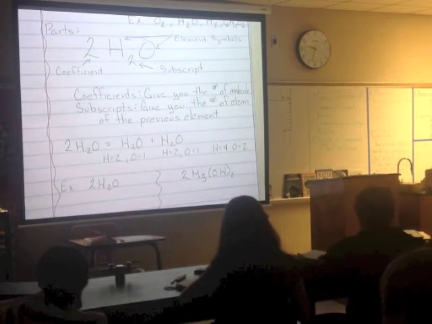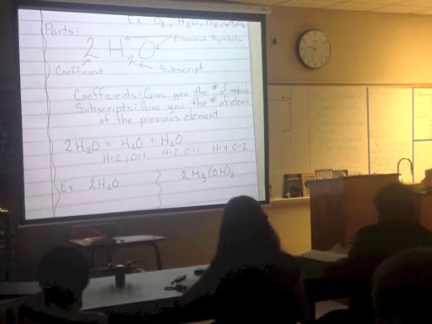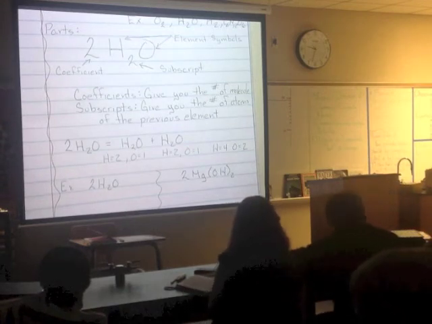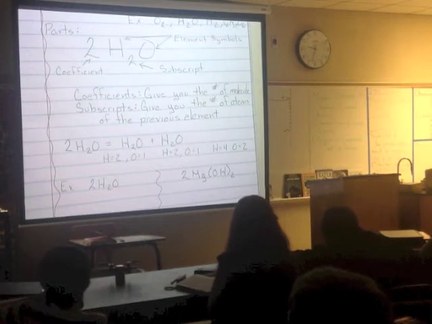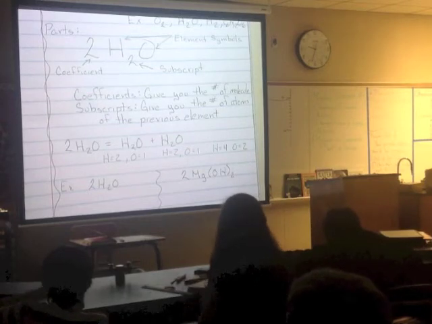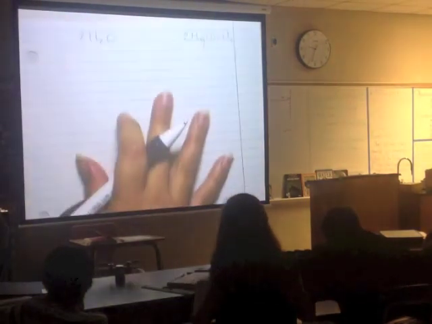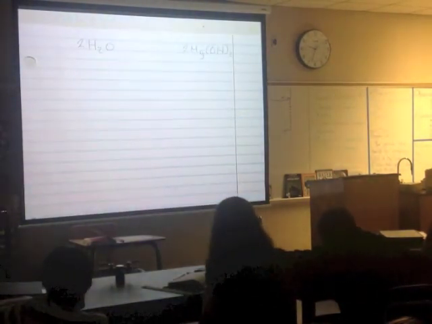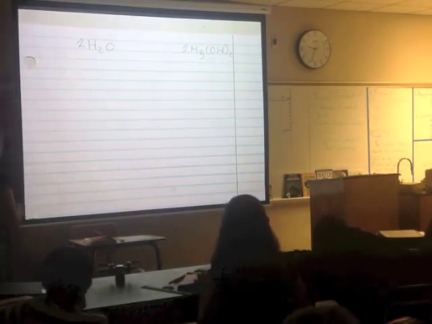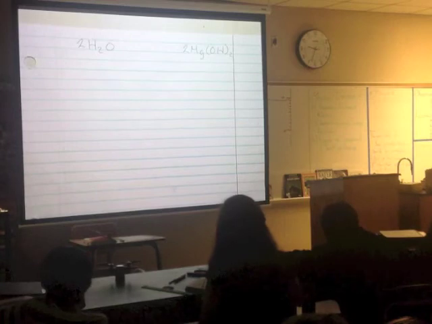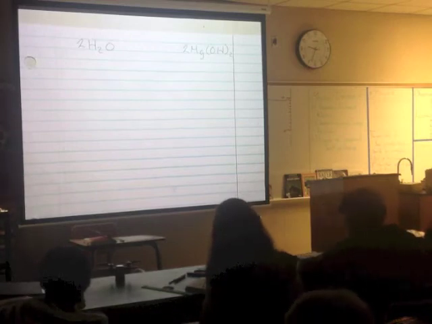And I'm going to show you how we're going to calculate these. So those are my examples. I'm just using a different page because I can't fit it into the page that I have.